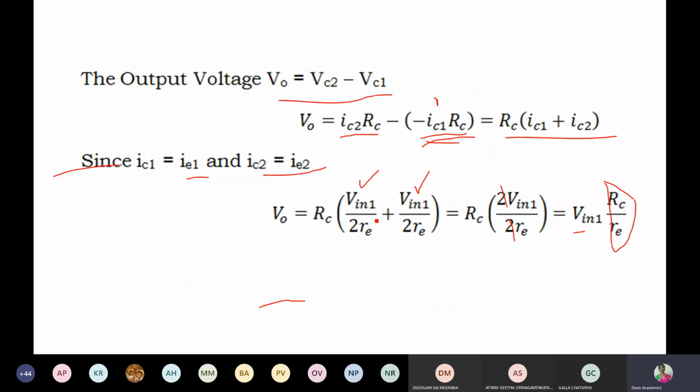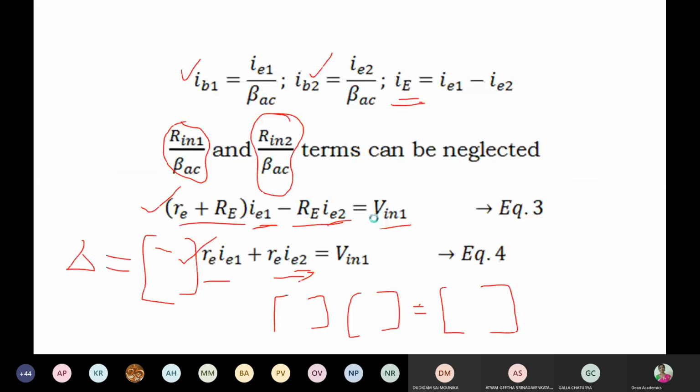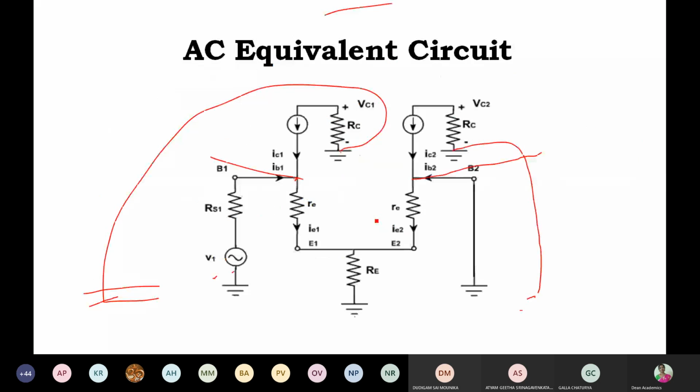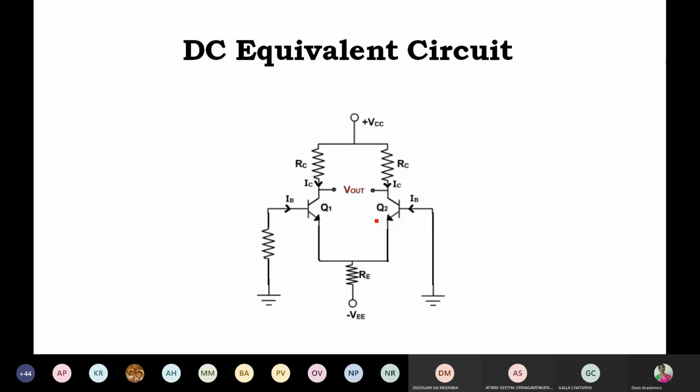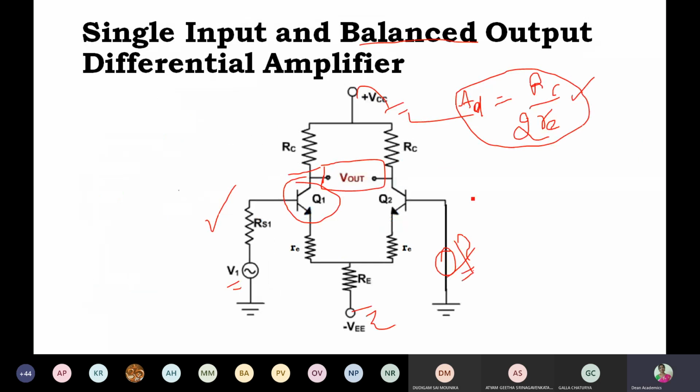So what is the output terminal? This is the output terminal with respect to ground. Otherwise, this is the output terminal with respect to ground. So either at C1, VC1, you can take VO1, or you can take VO2.